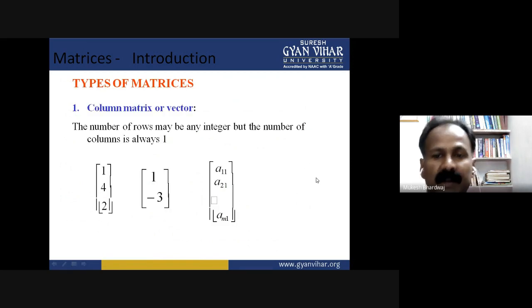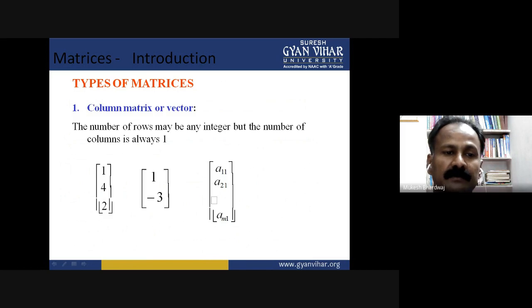Now, types of matrix. First is the column matrix or vector. The number of rows may be any integer, but the number of columns is always 1. So in a column matrix, there must be only one column. Then and only then is the matrix called a column matrix. Rows can be any integer value.